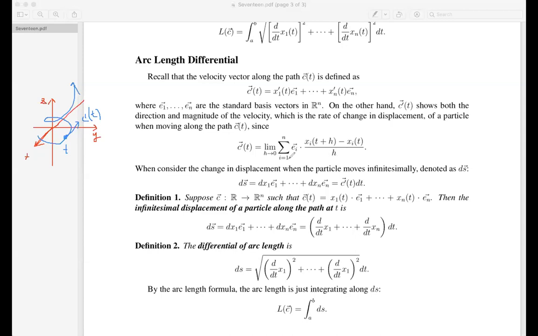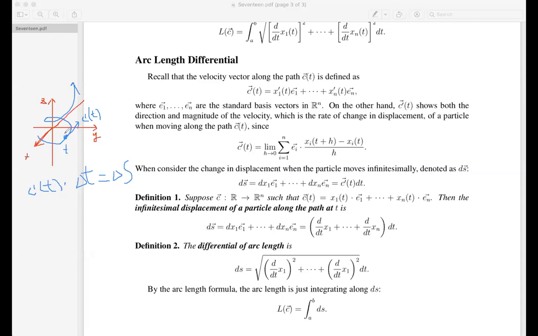Okay, so basically it is the limit as h goes to 0, the displacement over time. So if you have the velocity multiplied by the change in time, this basically is the change of displacement.